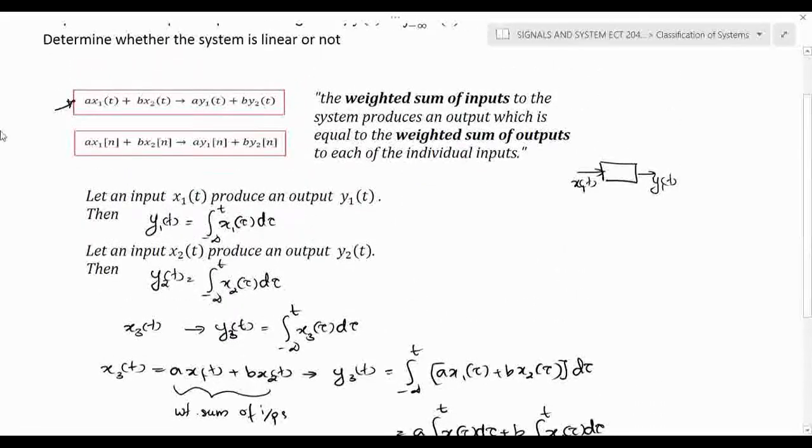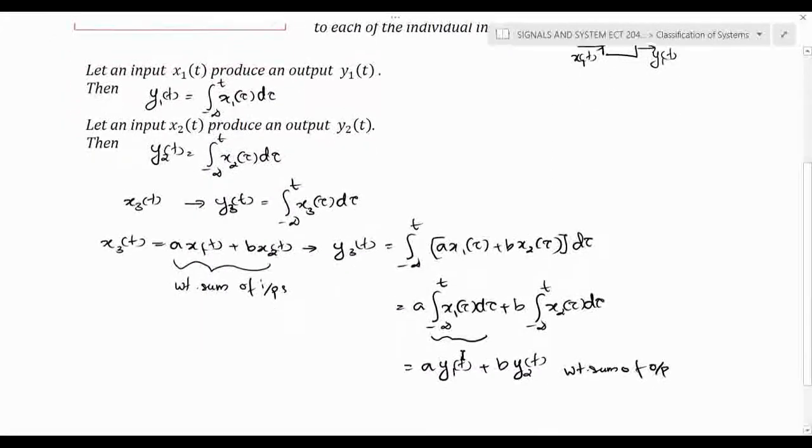We can verify that the output is a linear combination of outputs, a y1 of t plus b y2 of t. The system is linear because it obeys the weighted sum of inputs equal to weighted sum of outputs. Or we can write the statement a x1 of t plus b x2 of t gives a y1 of t plus b y2 of t. So that's why the system is linear.